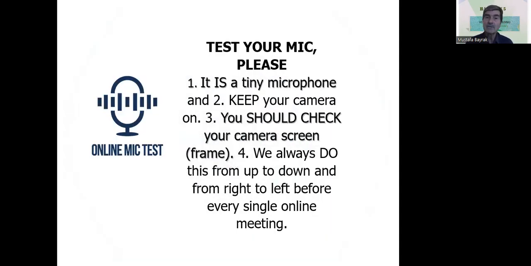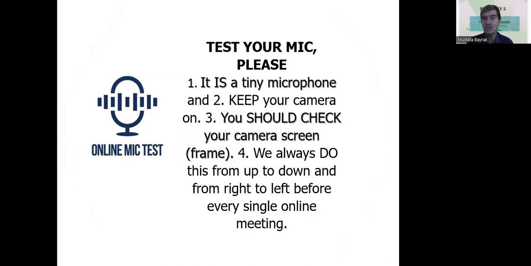We should remember the four basic, fundamental English sentence categories: to be, imperative, modal, and action verb tense sentences, like this, for example. The first one: it is a tiny microphone. It is a tiny mic. Two, keep your camera on. Imperative.